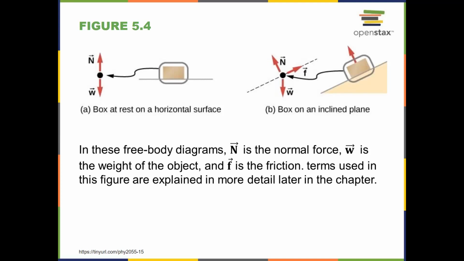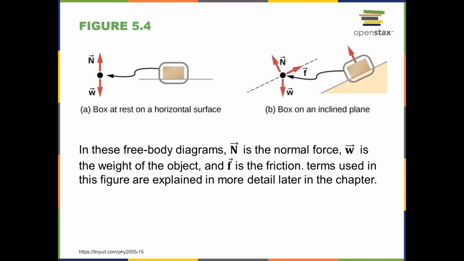And then because this box is resting on the surface, the surface is supporting it, okay? We call that force, using the symbol N, the normal force. We'll talk about that later as well, but for right now, just know that it's a force, okay, N. So in this scenario, you have two forces on this object, right?